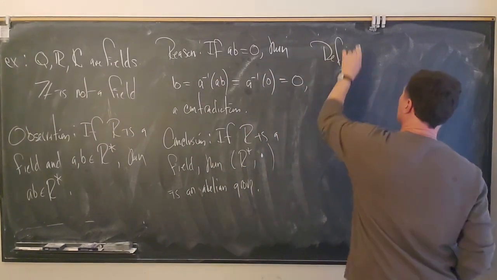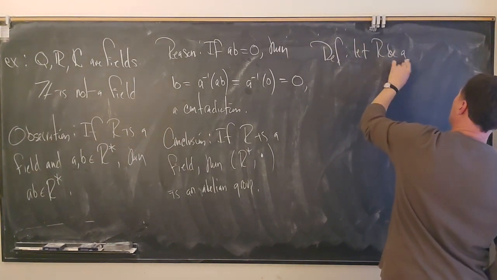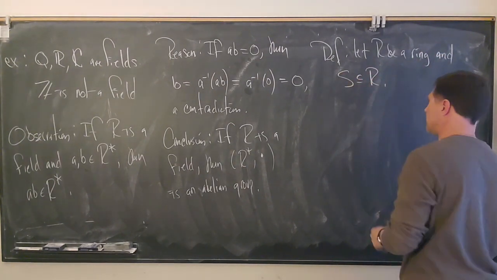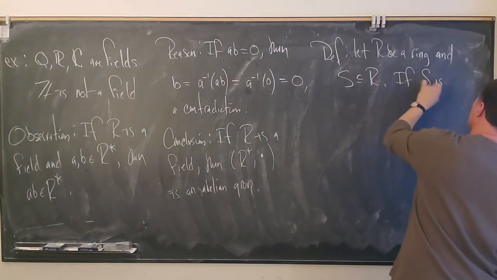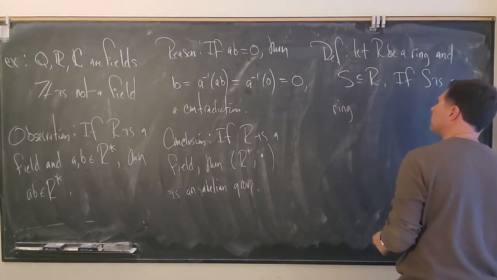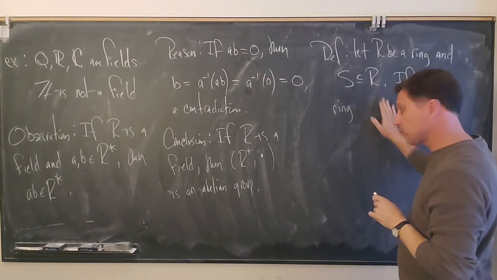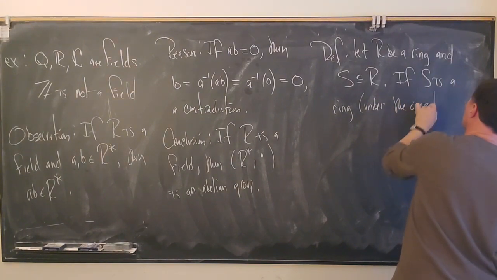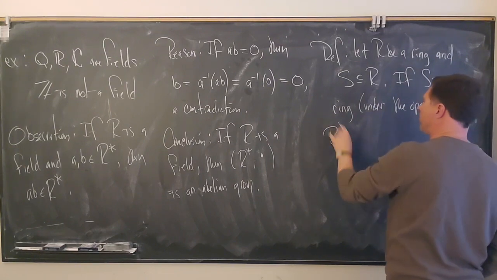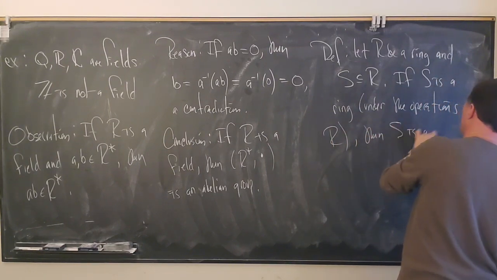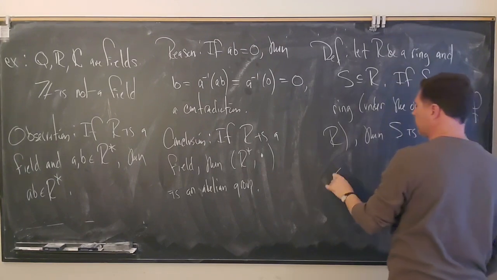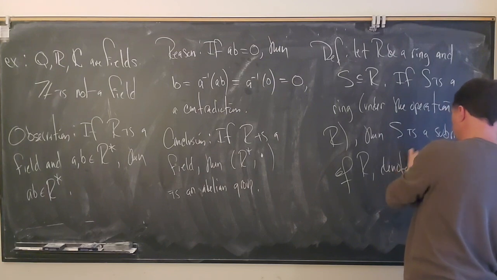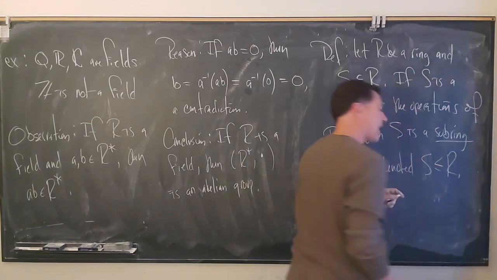And so let R be a ring, and let's take some subset S of R. If S is a ring under the same operations as we have in R, then S is a subring of R, denoted with the same symbol that we use for subgroups. So S less than or equal to R means subring.